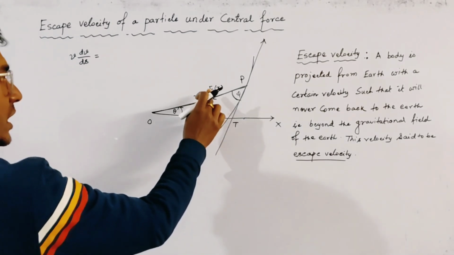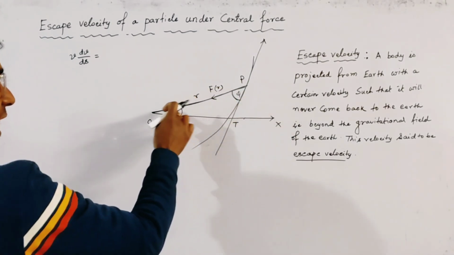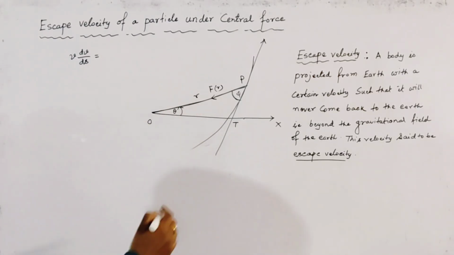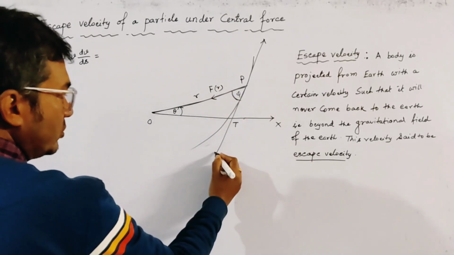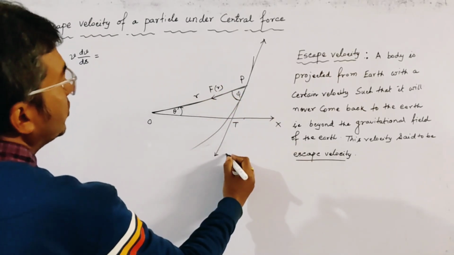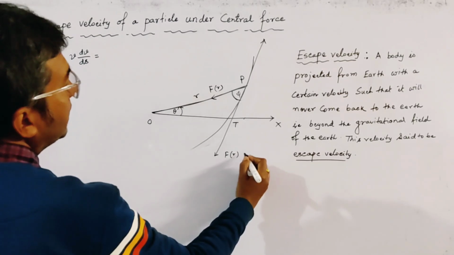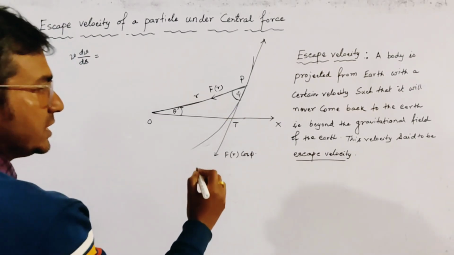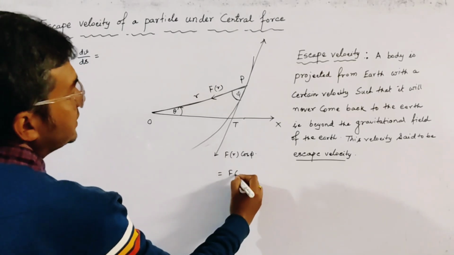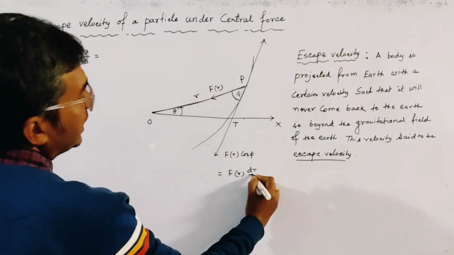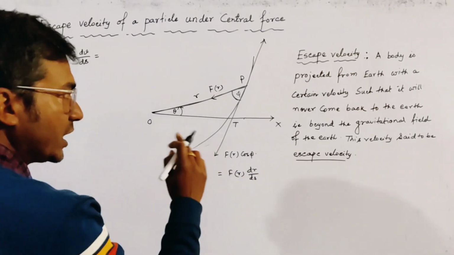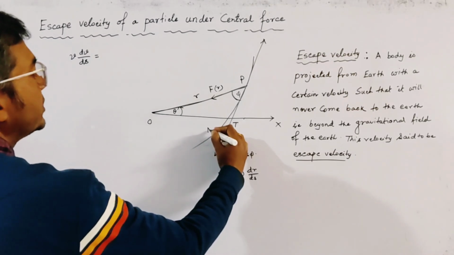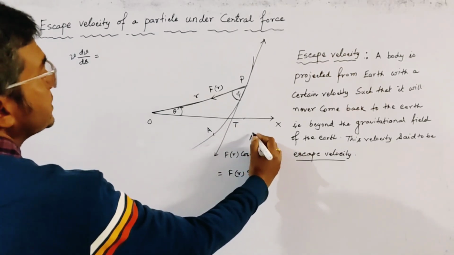Since this is the central acceleration, it always acts along the radius vector in the direction of the center of force. So the component of f(r) along the tangent is f(r) cos phi. In differential calculus we write this as f(r) dr/ds, where s is the arc length measured from a fixed point A, so AP is s.